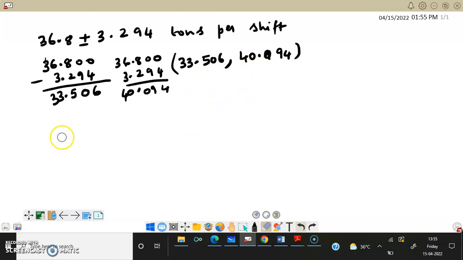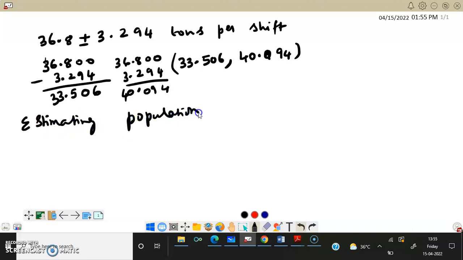Now we'll go to estimating population proportion. We have seen the point estimate in the previous one.